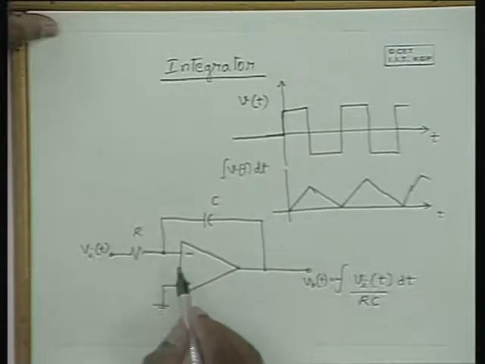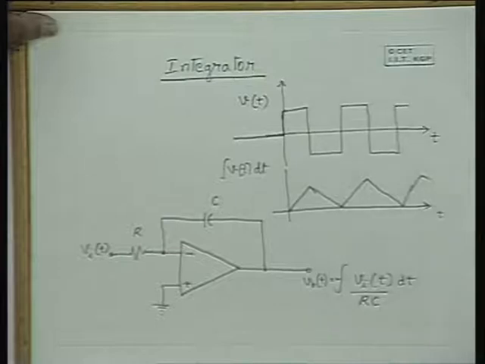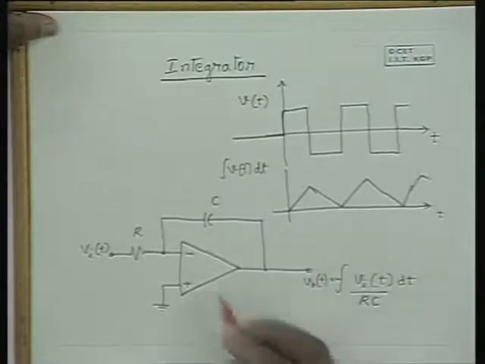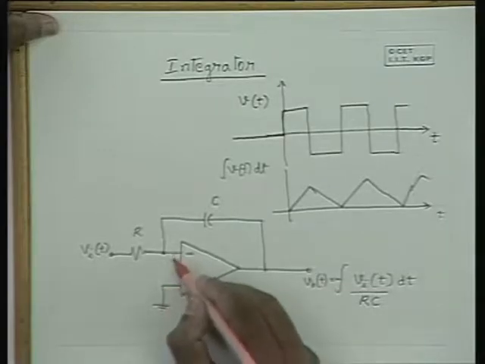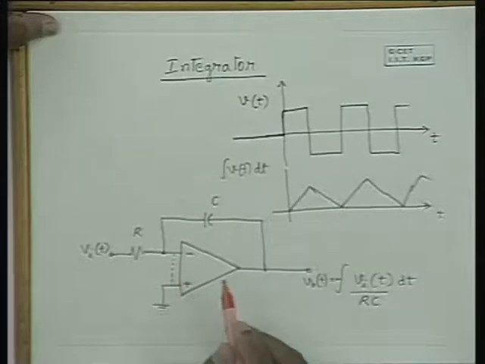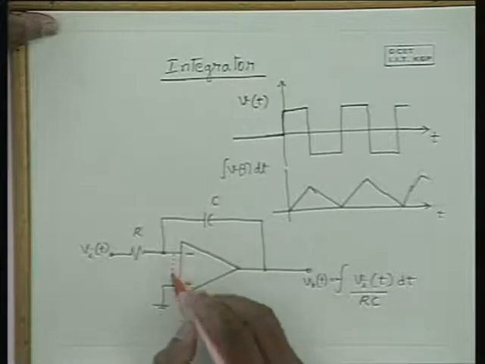Please note that it can be very easily shown that this circuit can act as an integrator. So let us now analyze this circuit. Once this is grounded, since there is a virtual short between these two inputs, for any reasonable input, this input is almost 0.